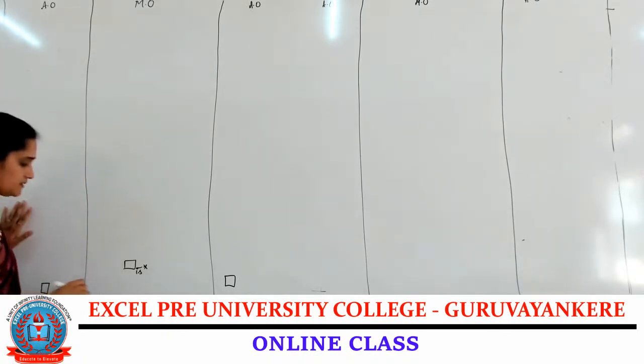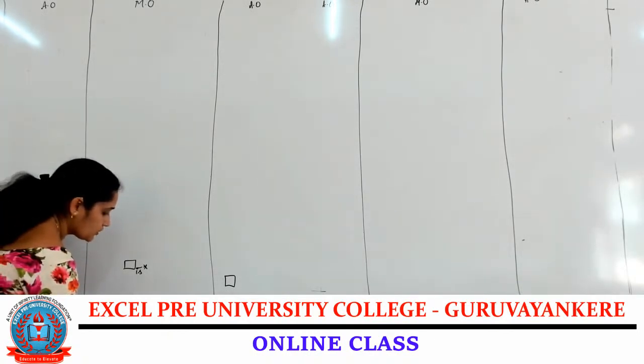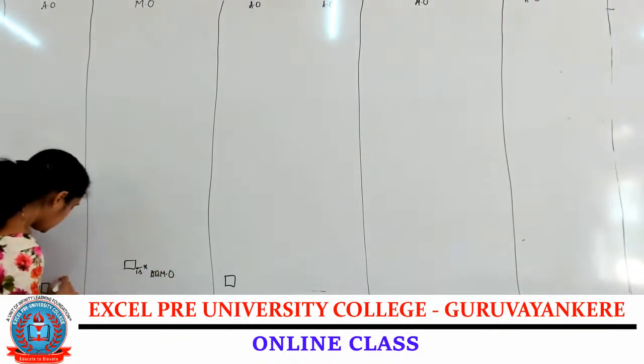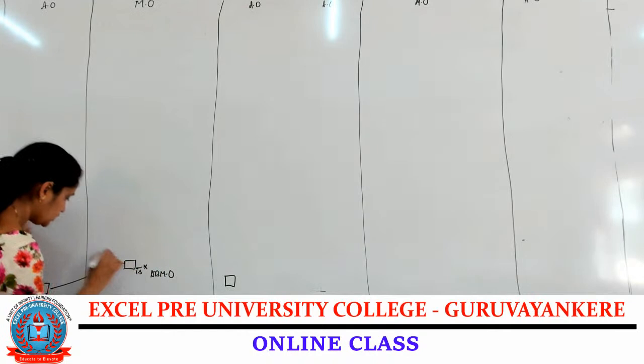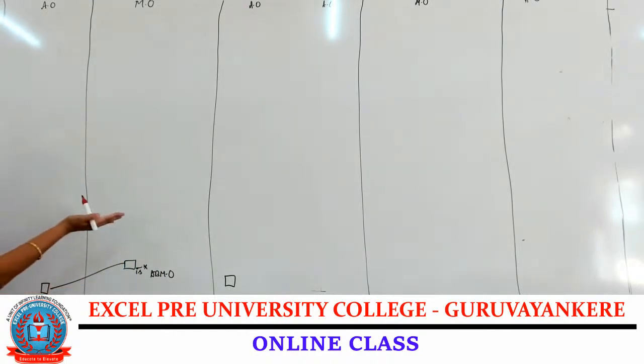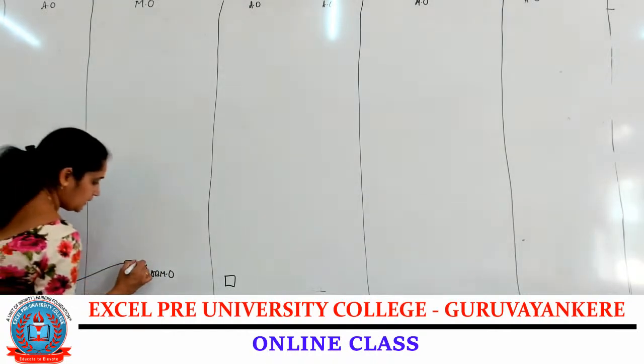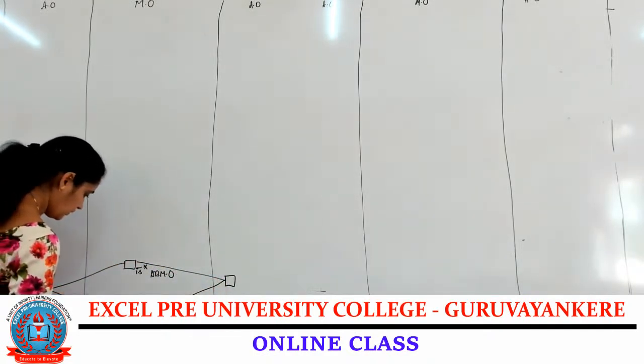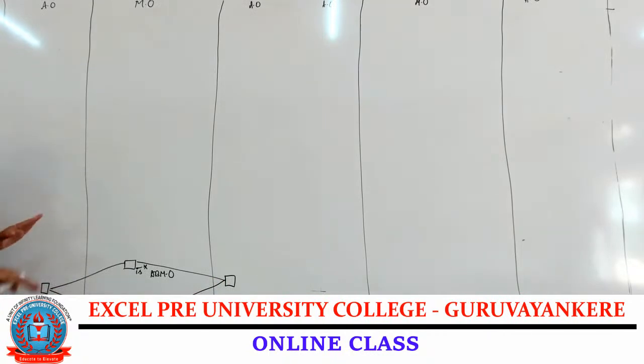Sigma 1s is the bonding molecular orbital. Always the anti-bonding molecular orbital should be placed above the atomic orbitals, and the bonding molecular orbital should be placed below the atomic orbitals. Below indicates that the molecular orbital has lesser energy than the atomic one, so it is highly stable.